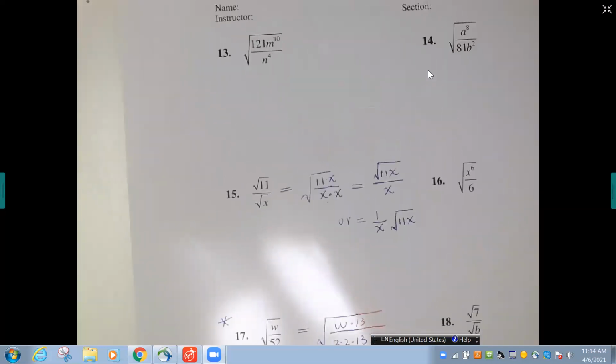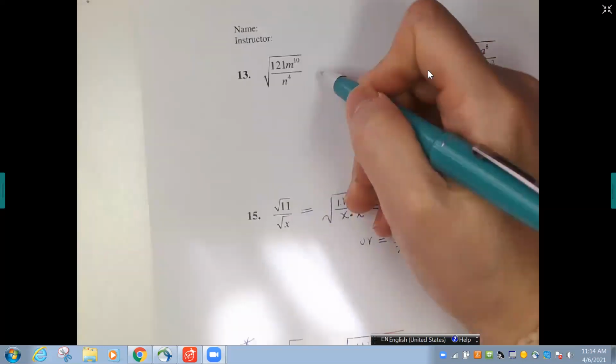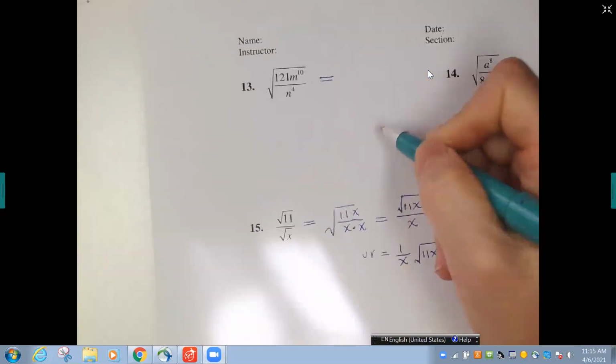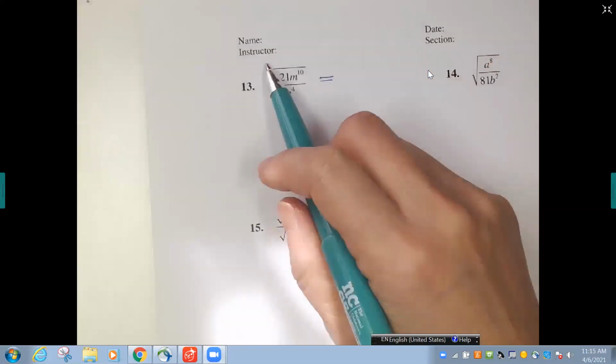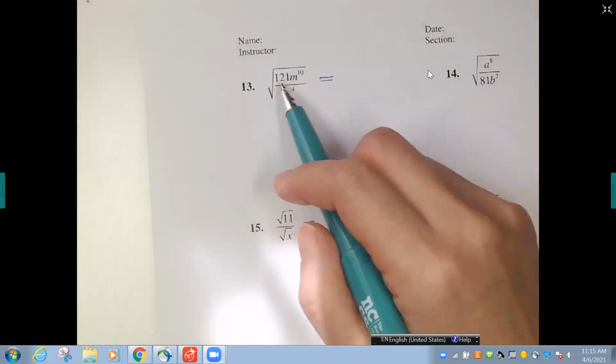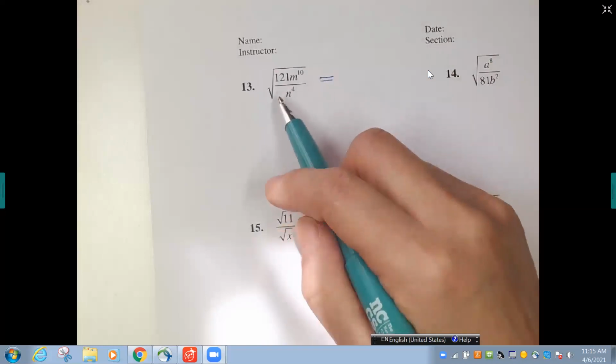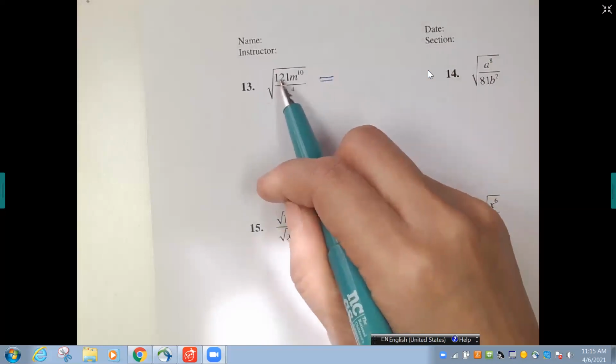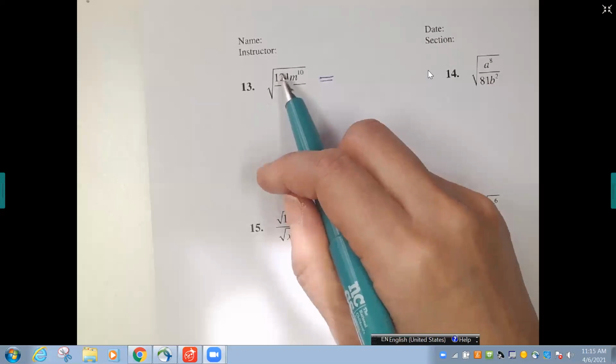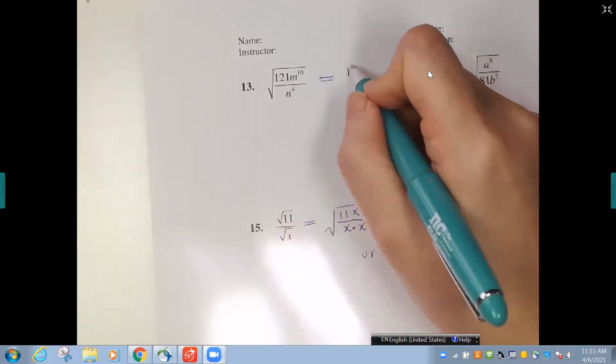And what I want to do now, I want you to look at a more complicated example like this. It looks more complicated, but it's not. Here we have a radical, a fraction inside. And let's see, what can we move out? So 121 is 11 squared. So then 121 can be moved out, turns into 11.